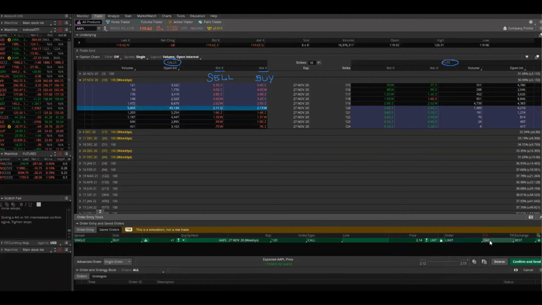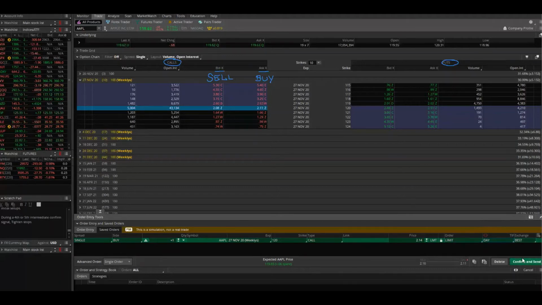If we don't care how long this order stays on, for instance, if we wanted to get in at $2, 14 cents away from where it is right now, we would put this at GTC, which means good till close. And the reason we would do that is it might not come down to $2 by the end of the day. Might do that tomorrow or the next day. Hard to say, right? So we're going to leave this all like it is.